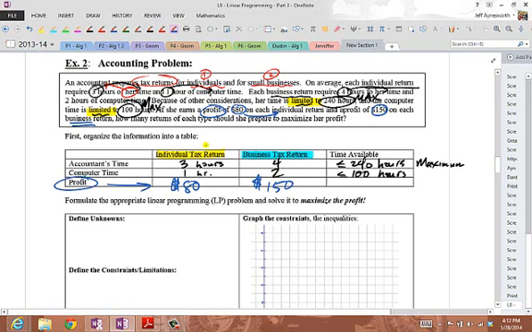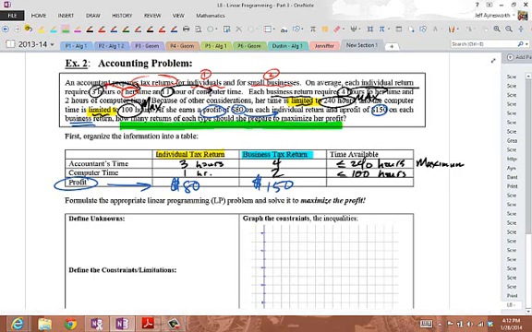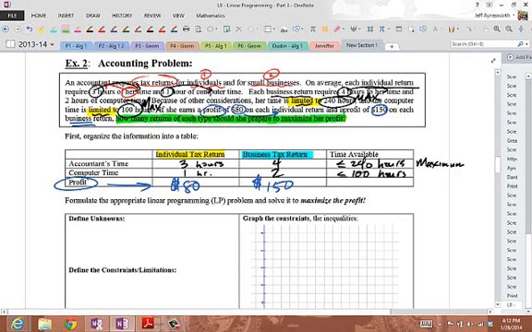Now we don't know how many returns of each type she should make. It's our job as mathematicians, through some linear programming steps, to determine how many individual tax returns and how many business tax returns she should prepare to maximize her profit. This part right here is the key of the problem: how many returns?